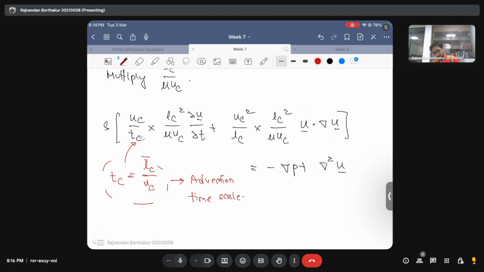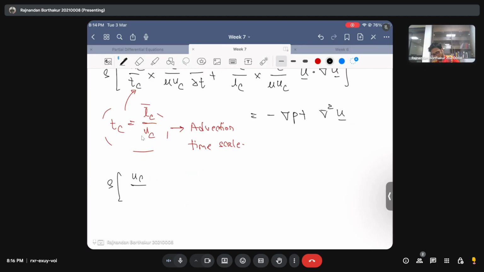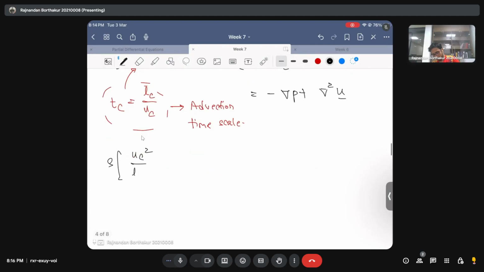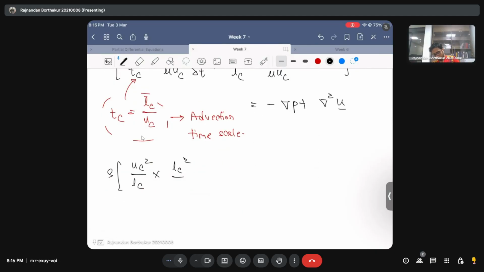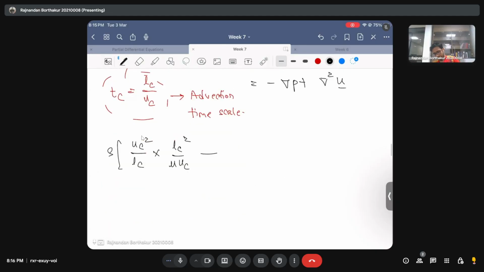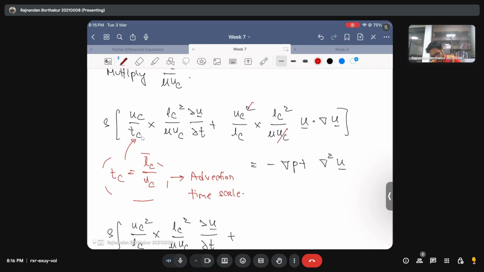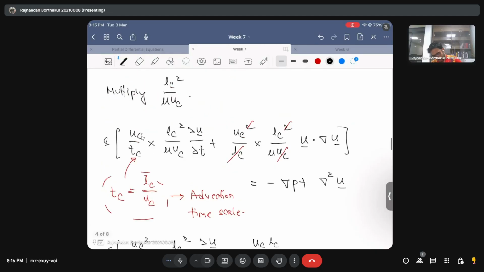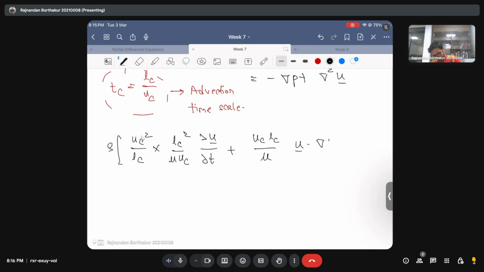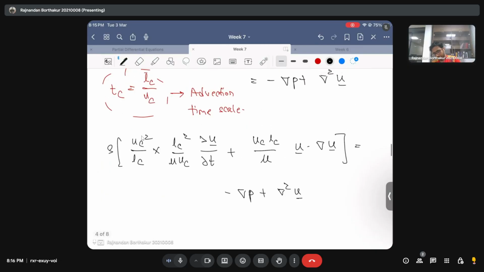If I substitute this time scale here, I get rho times UC squared, because I already have a UC, divided by LC, times LC squared by mu UC, and then I have this term, del U bar by del T, plus, after simplification, with UC and UC cancelling and LC and LC cancelling, UC LC by mu times U dot grad U. This is equal to minus gradient of pressure plus del squared U. Now I'll bring the rho inside.